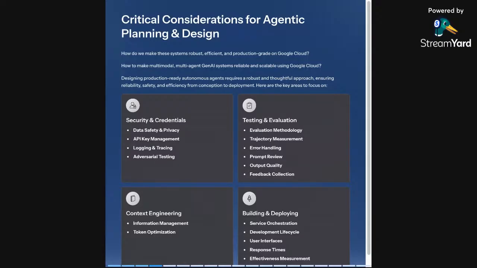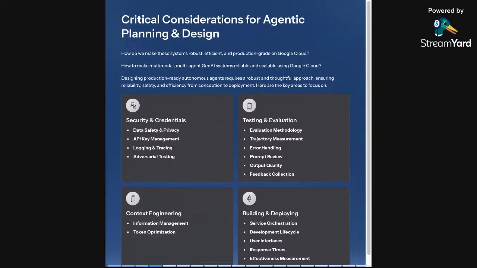When I talk about the designing and planning phase, we have two questions here. How do we make this system more robust and production ready on Google Cloud? And how do we make the multimodal agents and the GenAI system more reliable and scalable on GCP? The main part to consider here is context engineering.